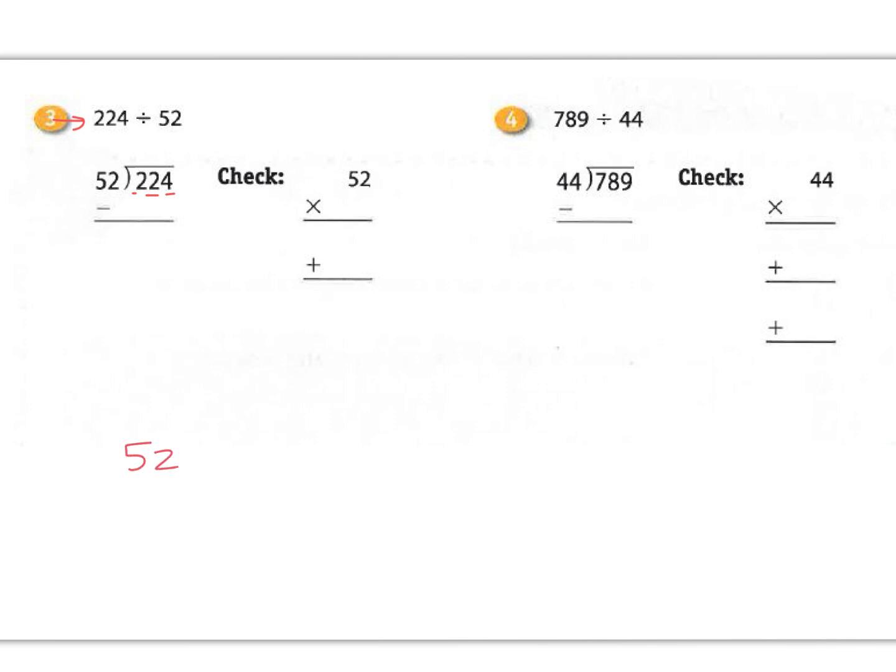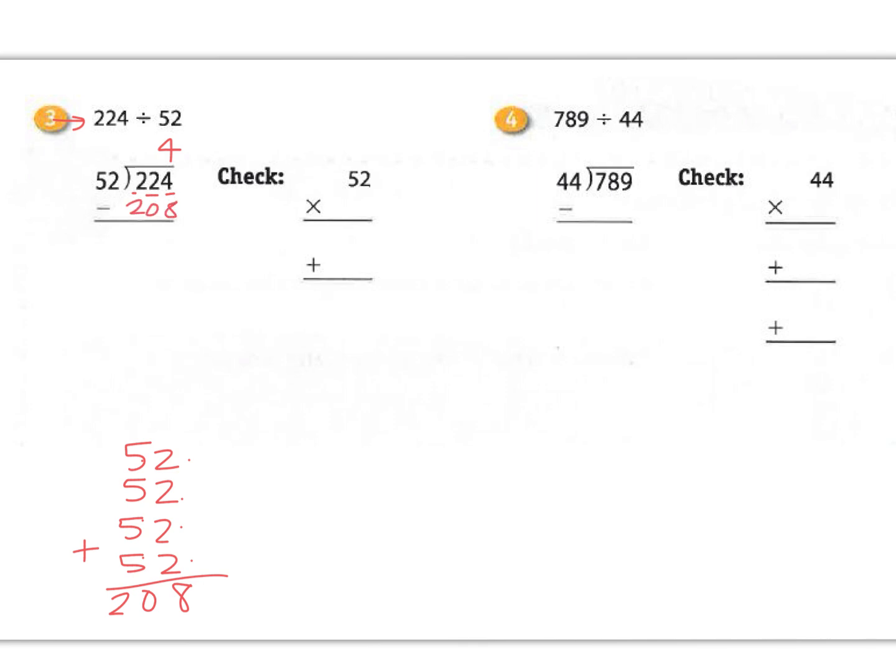We might have to do some quick adding. Let's estimate 4 times and see if that works. So 5, 10, 15, 20. Oh yeah, because if we did another 52, it would be more than 224. So 52 goes into 224 4 times, which we just found is 208.